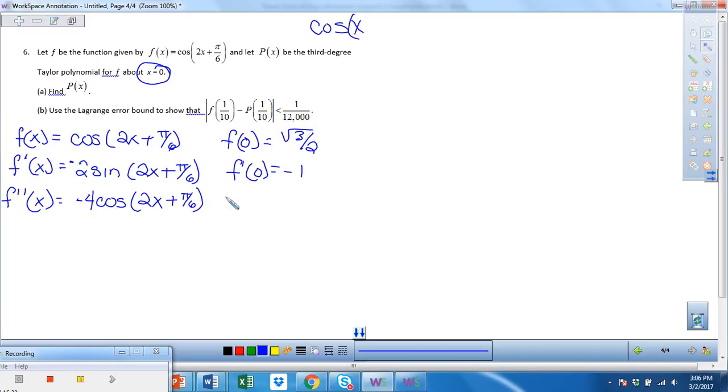And according to my calculations, this is the second derivative. That is negative 2 radical 3.